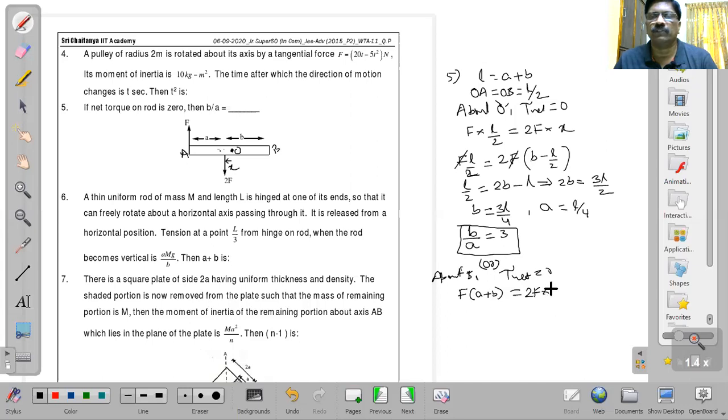So 2F into B. Of course F cancels, so A is equal to B. When A is equal to B, then B by A is equal to 1. So this is one more answer. So the answer may be 1 or 3. Anyone is correct, as it is not mentioned about which point the net torque is 0. That is the answer.